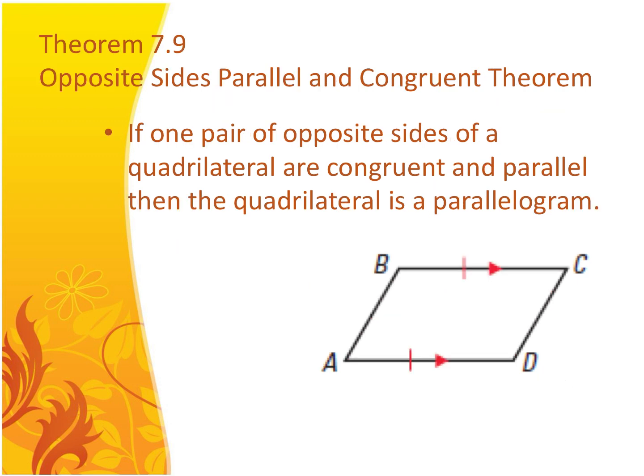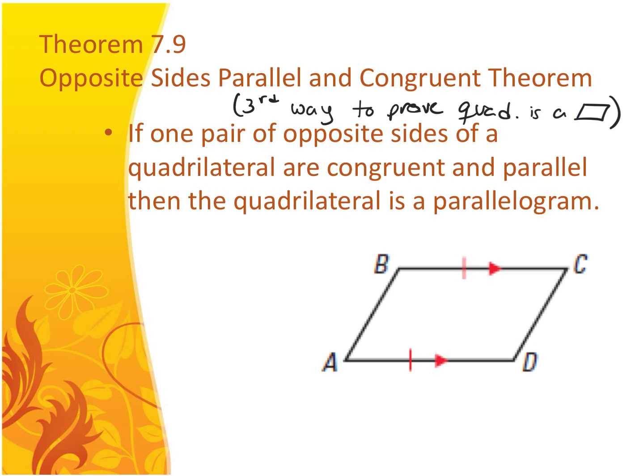So here we have theorem 7.9, which is opposite sides parallel and congruent theorem. This will be the third way to prove the quadrilateral is a parallelogram. Now, what does this state?